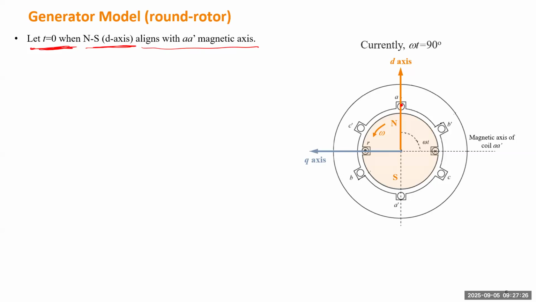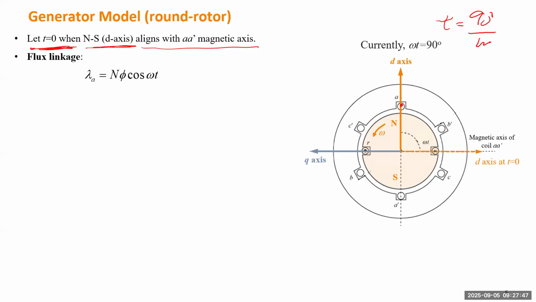For this moment, the angle becomes 90 degrees, which means t is 90 degrees divided by omega. This is the current time. This is time 0.